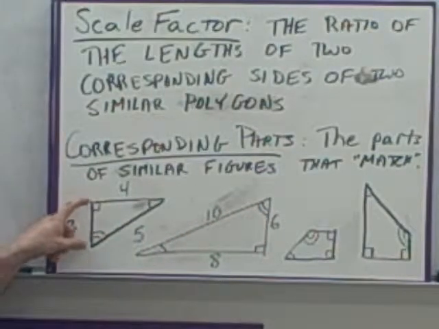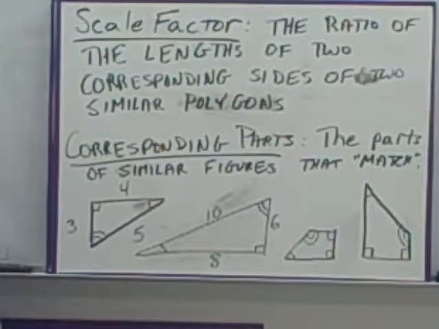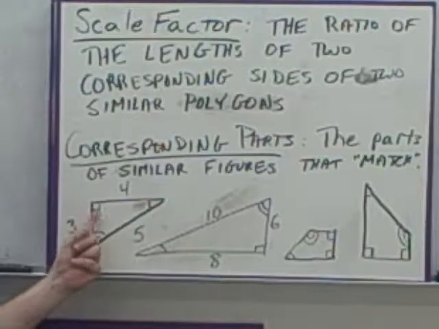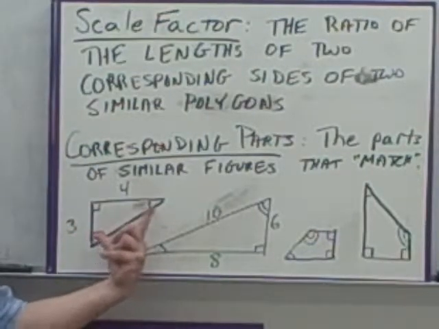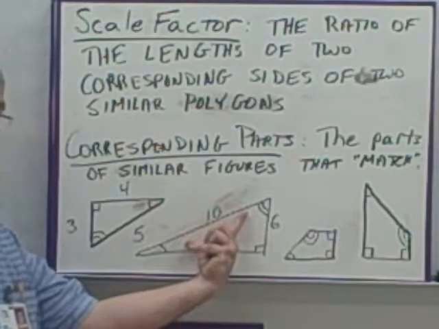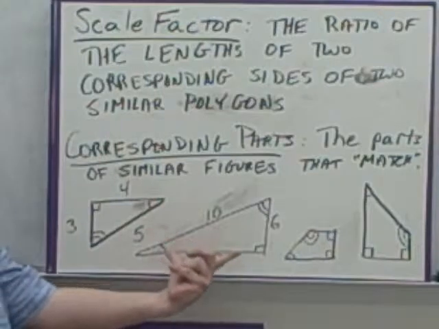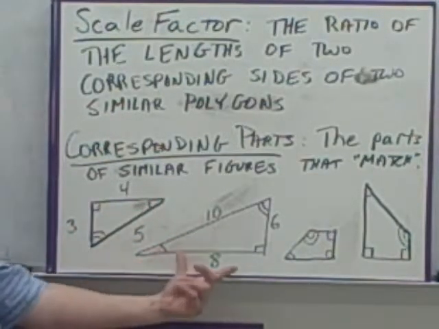So this side and this side match. They are corresponding sides. This is opposite of the 90-degree angle. It's the hypotenuse of that triangle. That's going to match up with the hypotenuse of this triangle. This is the remaining leg. It will match up with this leg here. One arch, one arch, they match up.